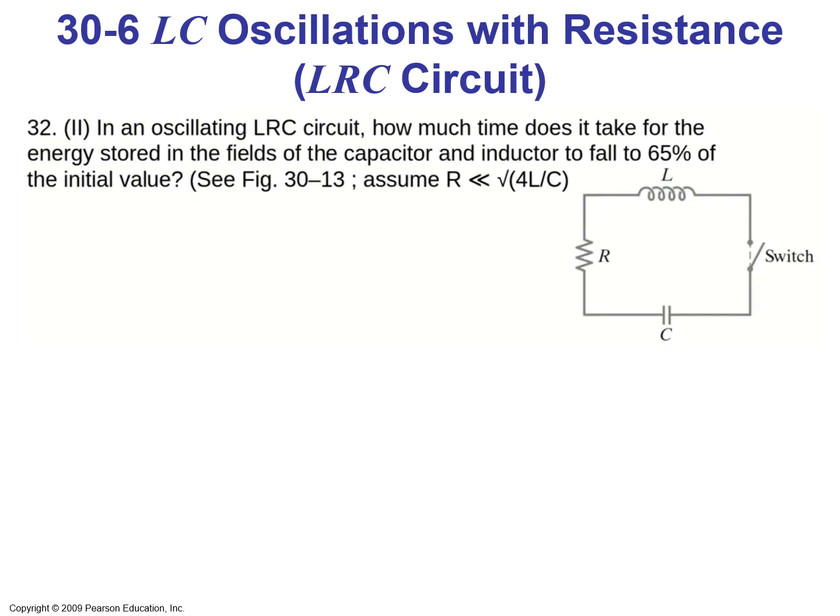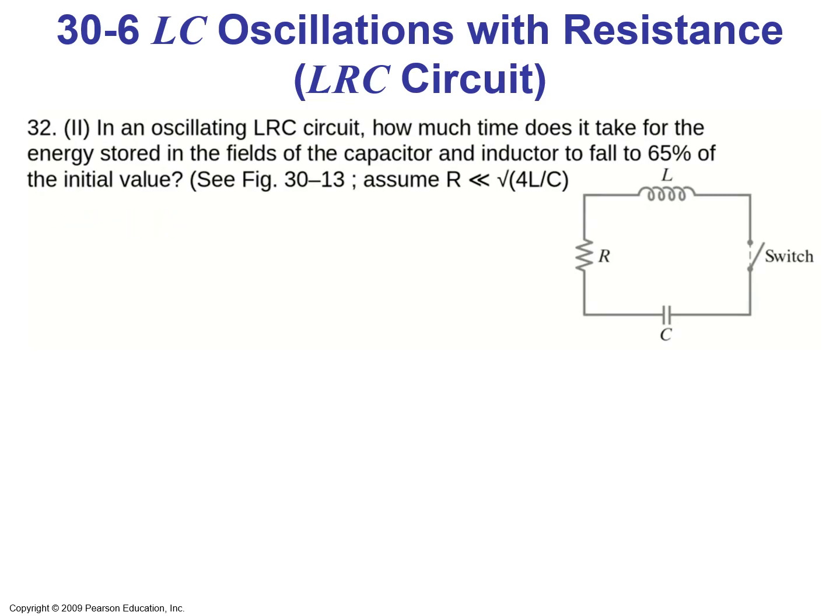Let's take a look at problem number 32 as an example. In an oscillating LRC circuit, how much time does it take for the energy stored in the fields of the capacitor and inductor to fall to 65% of the initial value?